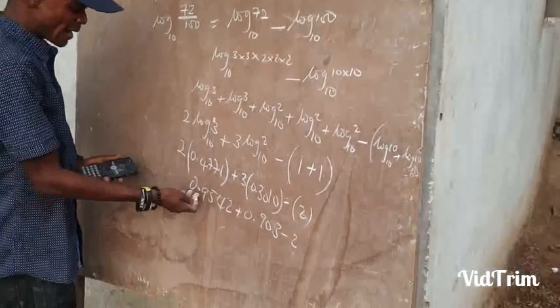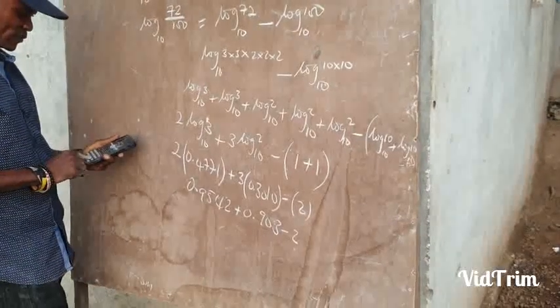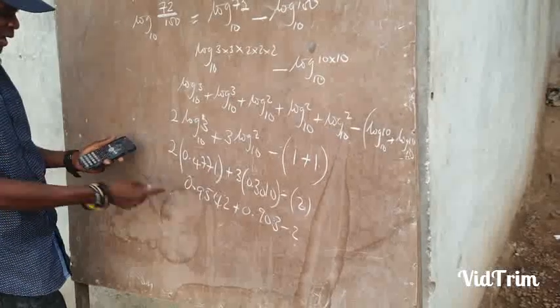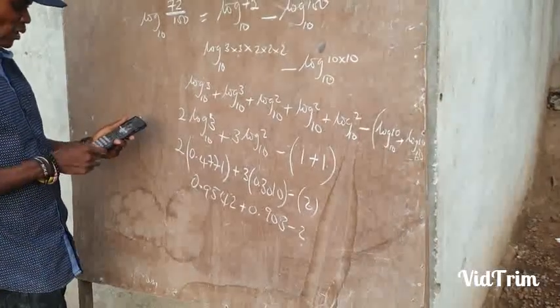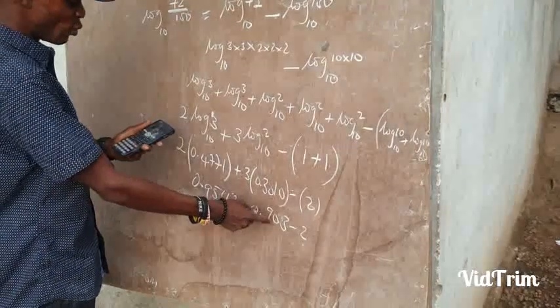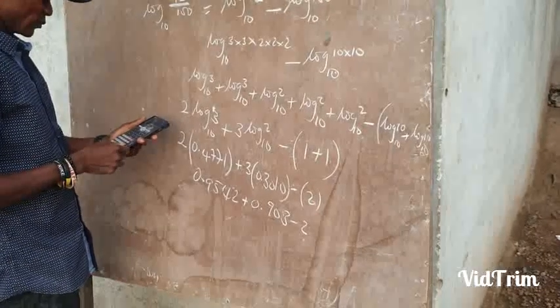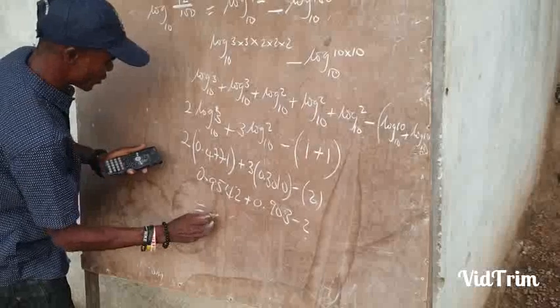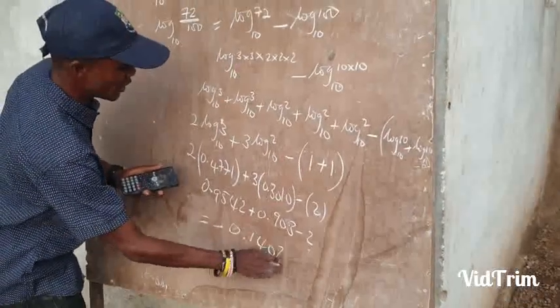So if I now add this and this, minus 2, I am going to get 0.9542 plus 0.903 minus 2. That will give us an answer of minus 0.1408.